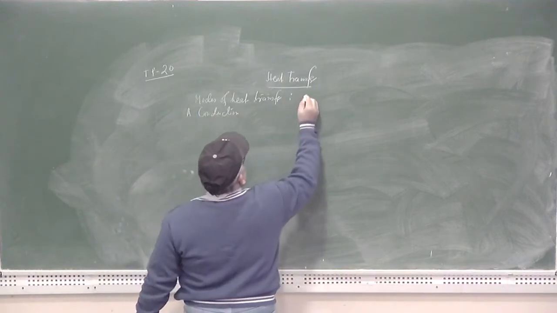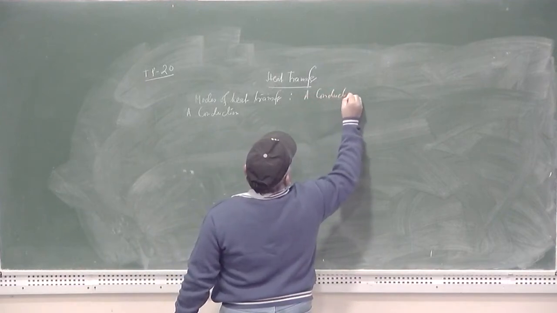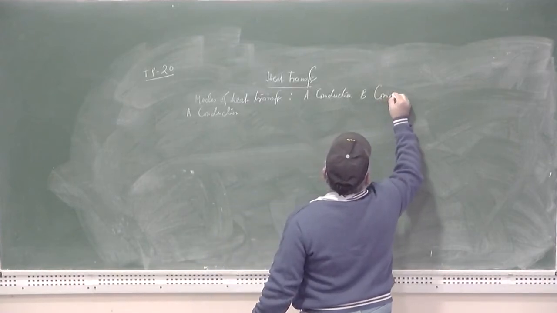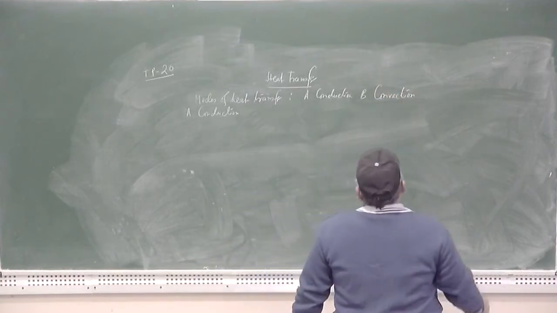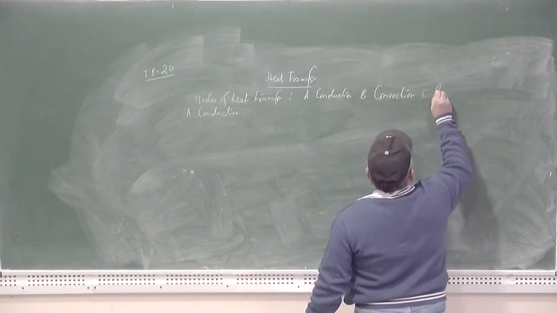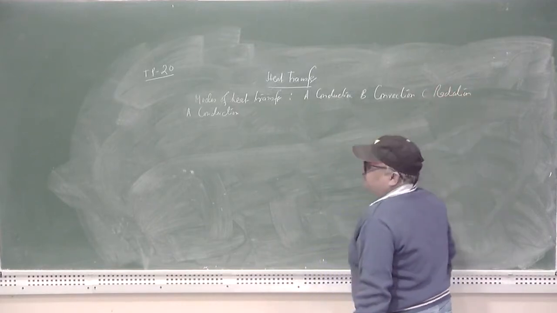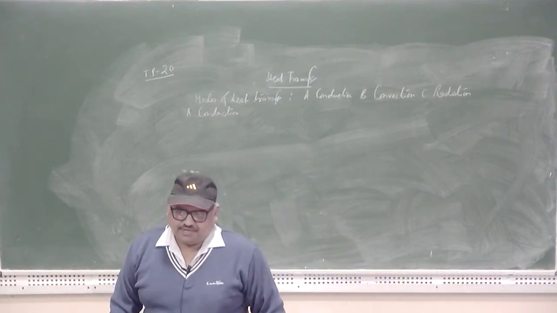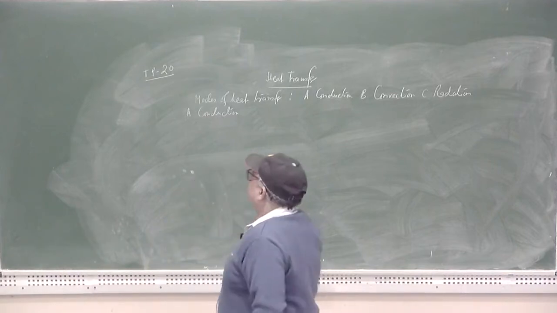So, the modes of heat transfer are: A, conduction; B, convection, when the presence of fluid is there; and C, radiation, that is the heat transfer in which no material medium is required. That means only vacuum needs to be present for the execution of radiation heat transfer.